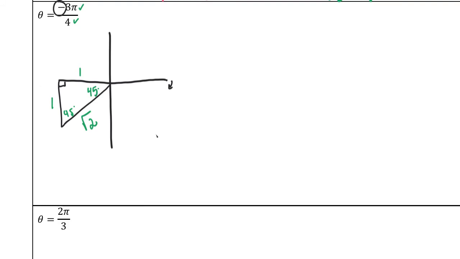If you go left on the unit circle, on the coordinate plane, the x values that move to the left are negative. The y values that move down on the coordinate plane are also negative. Just like before, your hypotenuse is always going to be positive.